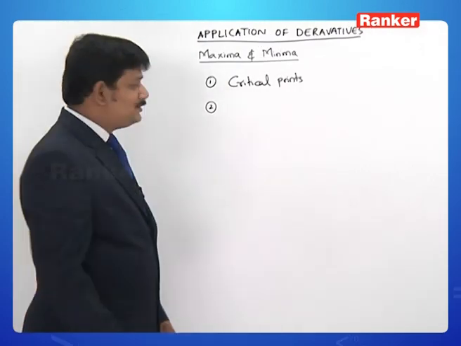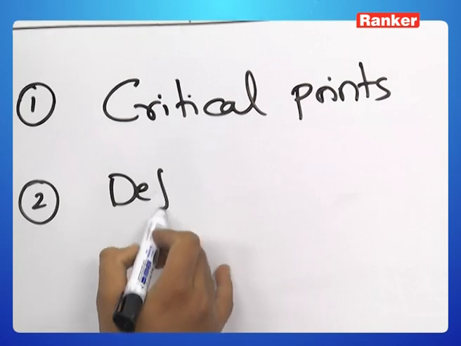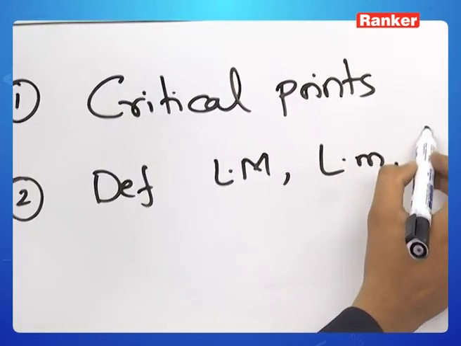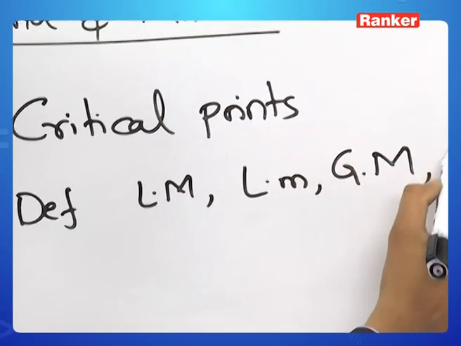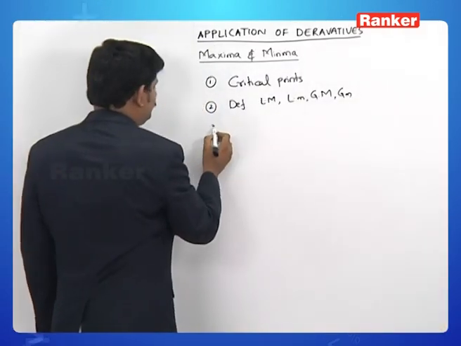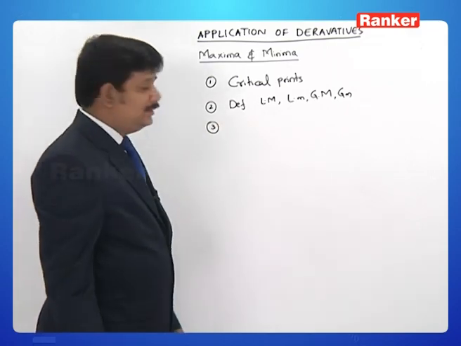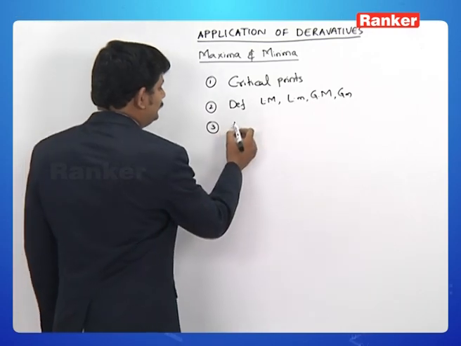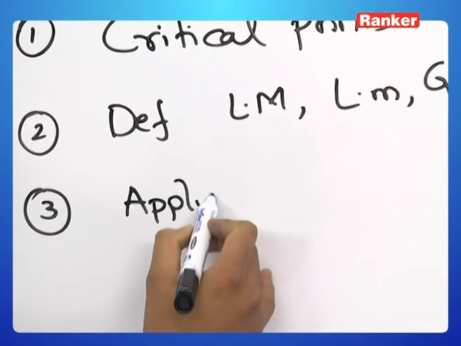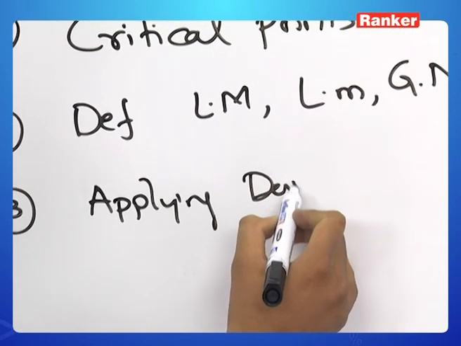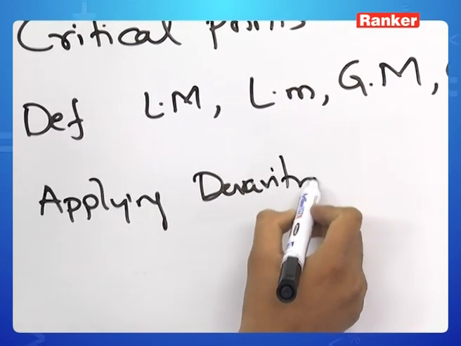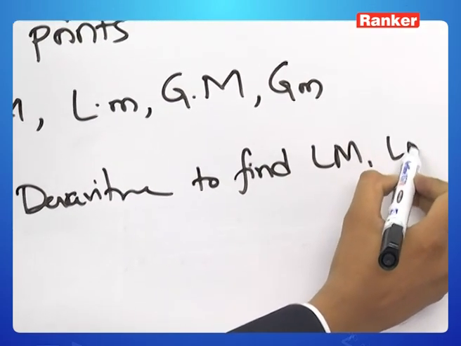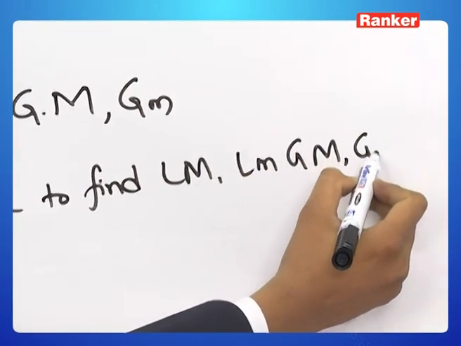We need to know the definitions of local maxima, local minima, global maxima and global minima, and we need to look at the application of derivatives to find local maxima, local minima, global maxima and global minima.